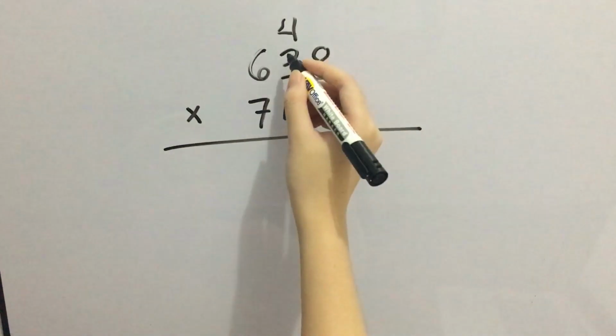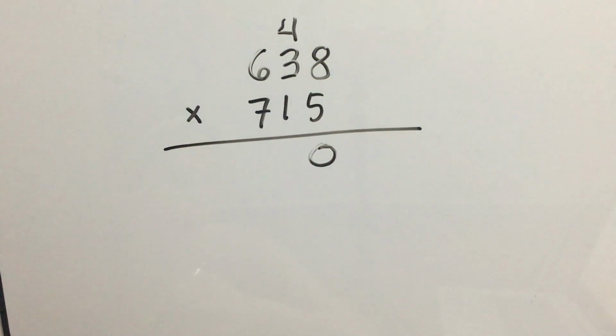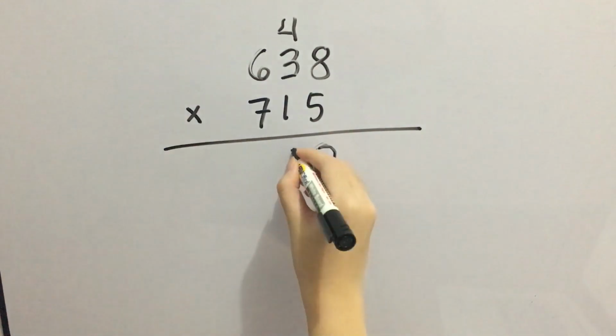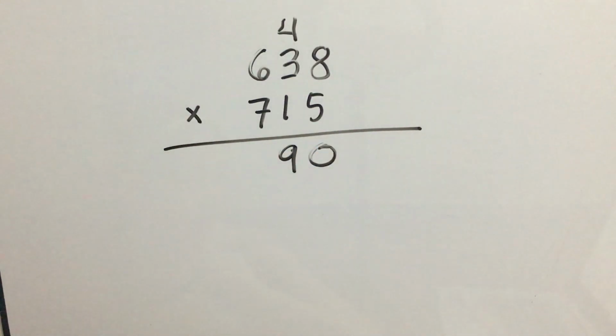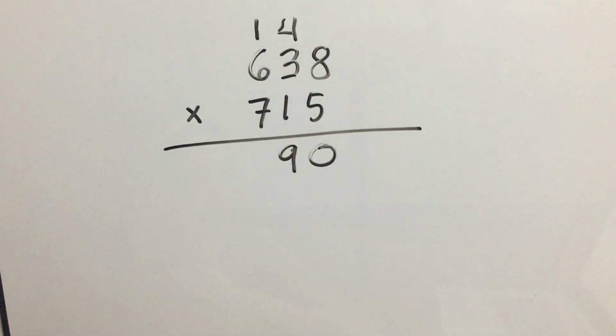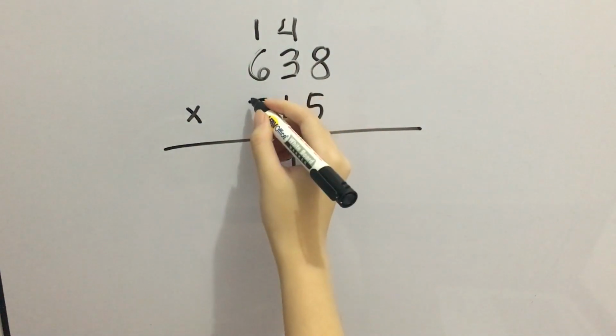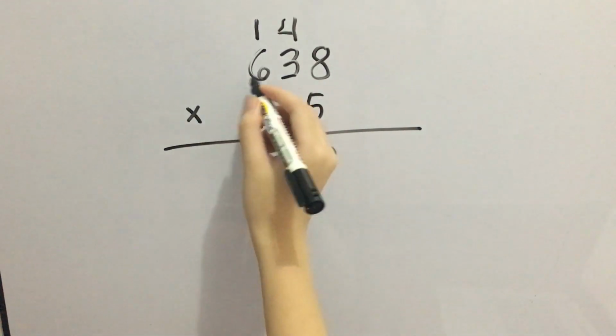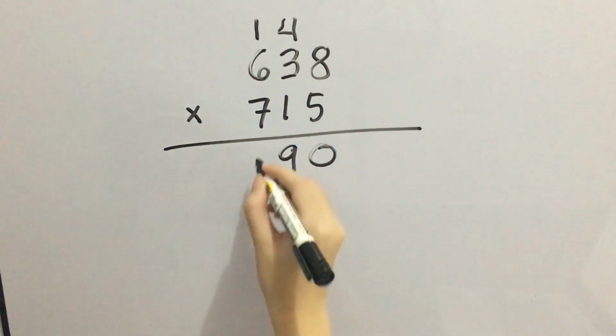Now we need to add 4, so that gives us 19. We write 9 in the tens column and carry 1 in the hundreds place. 5 times 6 is 30 plus 1, we have 31.